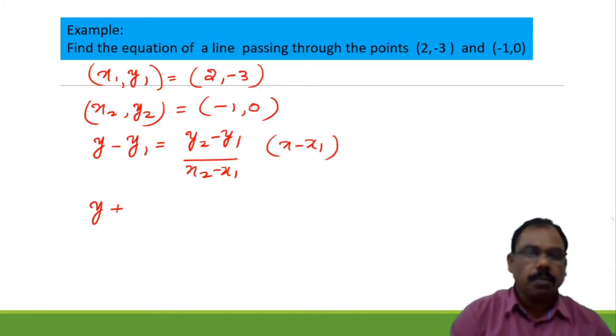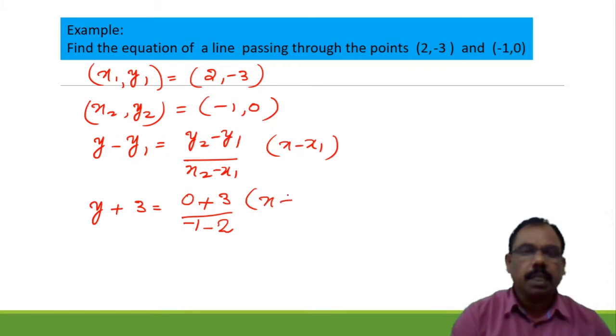So it will be y plus 3 is equal to (y2 minus y1), that is 0 minus -3, we can write 0 plus 3, divided by (x2 minus x1), that is -1 minus 2, into (x minus x1), where x1 is 2. On simplifying, y plus 3 is equal to 3 divided by -3, that is -1, into (x minus 2).